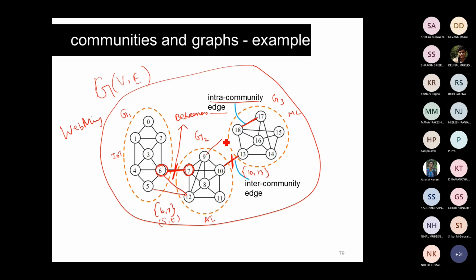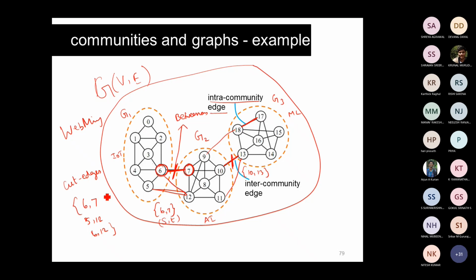Let me just create an edge to give you some clarity. Now what is happening? I have 6, 7, 5, 12. There is 5, 12 and 6, 12. So these are all identified as the cut edges.